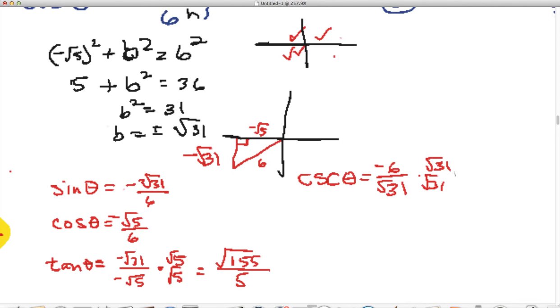Do a little rationalizing. Some professors don't care about rationalizing. It's going to be punched into the calculator anyway. I seem to agree, but others are picky, so just practice. If you don't have the hang of rationalizing, it's not too bad.